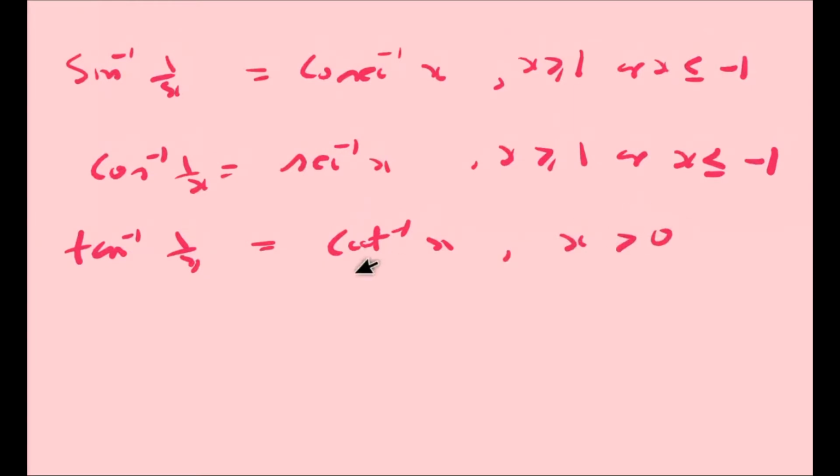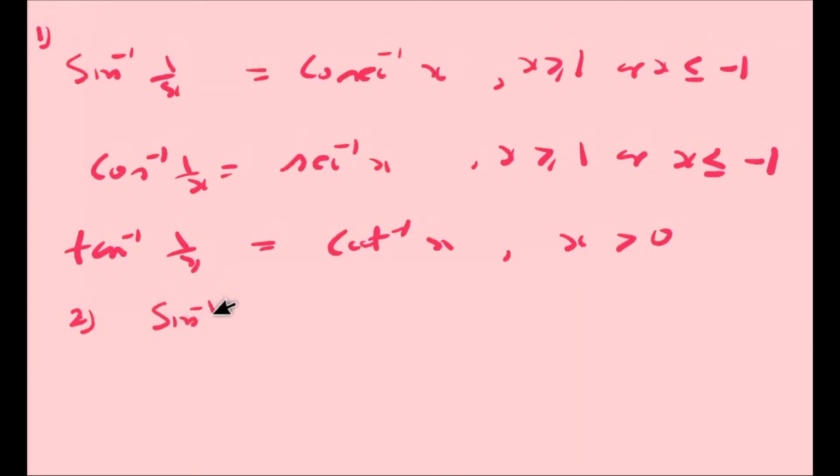Okay, this condition is defined for this formula. If it is undefined, then you cannot use the formula, right? So this type of formula you have to learn carefully. Now we will go to the next formula.